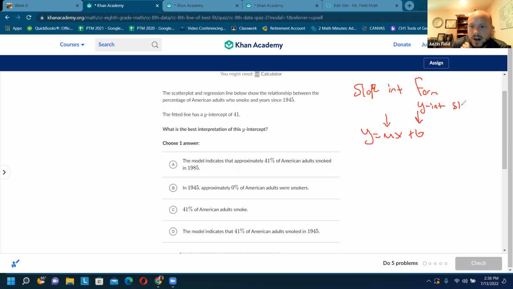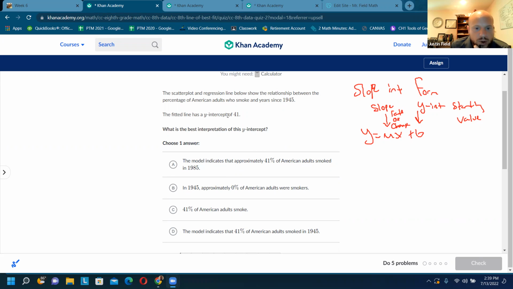It's the starting value. And m is the slope. Okay, and that is the rate of change. So let's see what we can figure out. So hopefully you have a lot of red questions for this one, and we have a lot of fun conversations in our Zoom call.